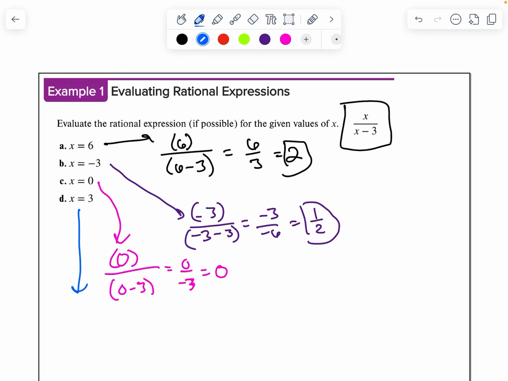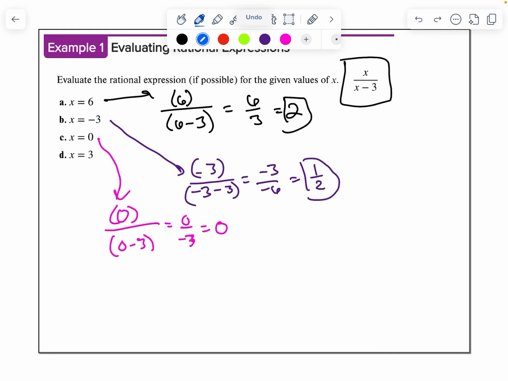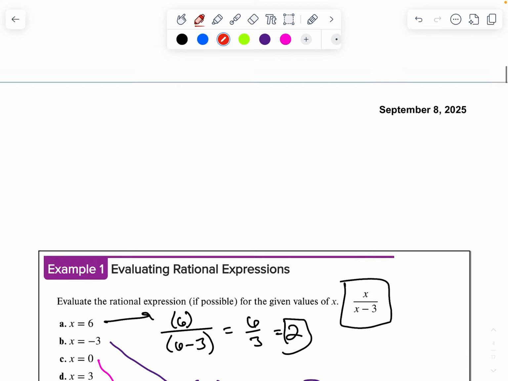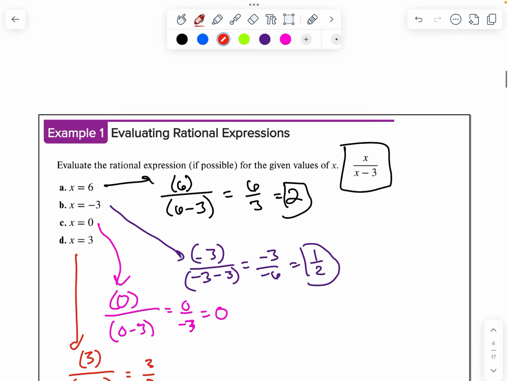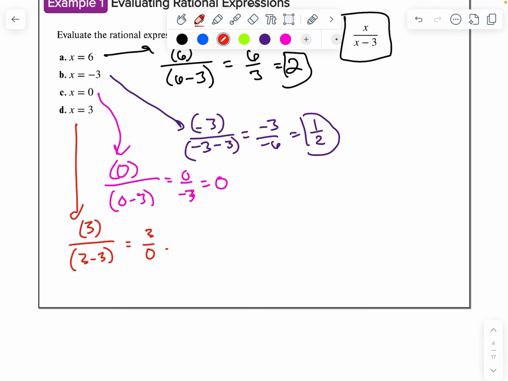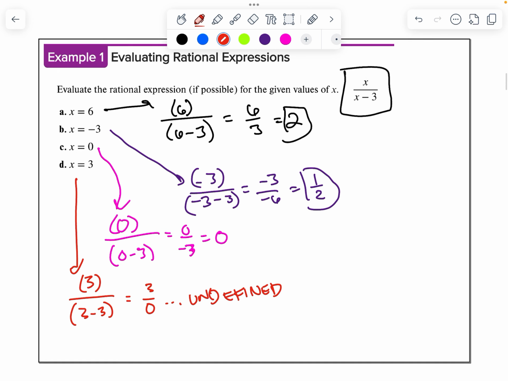And finally, for x equals 3, I'll change colors to red, and you'll see why in a second. When I try and evaluate 3 over 3 minus 3, I get 3 over 0. And remember the rule was that the denominator, q, cannot be 0. So this is actually undefined, because we can't divide by 0. What that tells us is that these rational expressions have some restrictions.